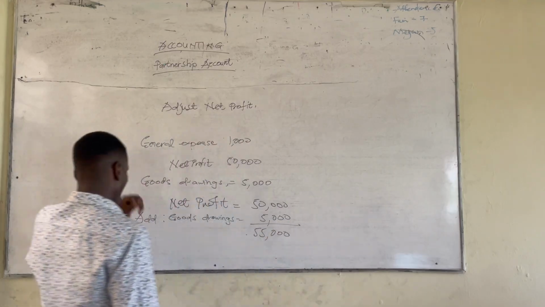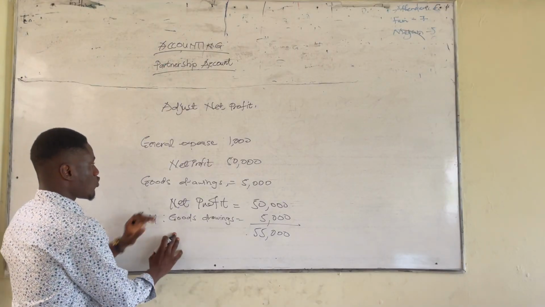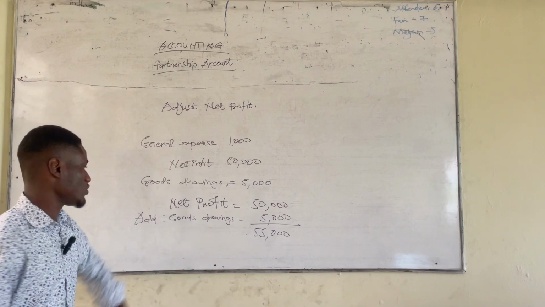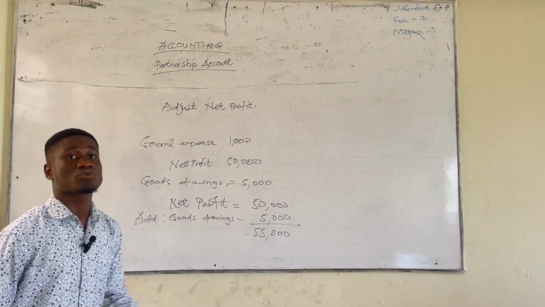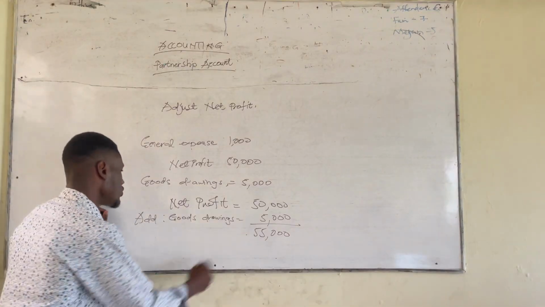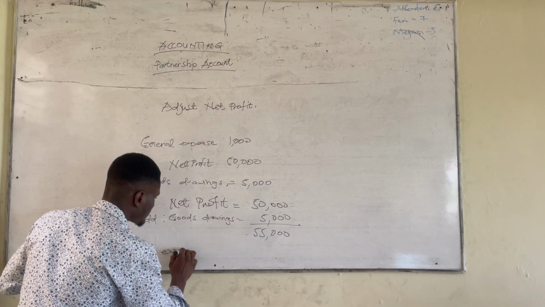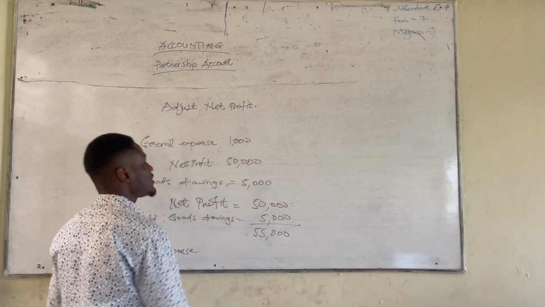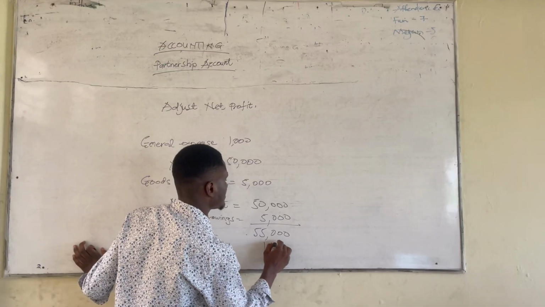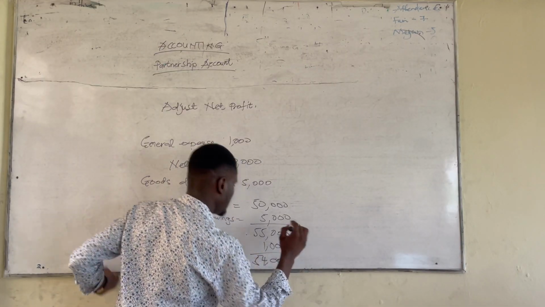Sorry, this is an example. We also have general expense of 1,000. We know that expenses will definitely decrease our net profit. So we will less the expense from the amount that increased the net profit. When we less the expense, which is 1,000 Ghana cedis, we get 54,000 Ghana cedis.